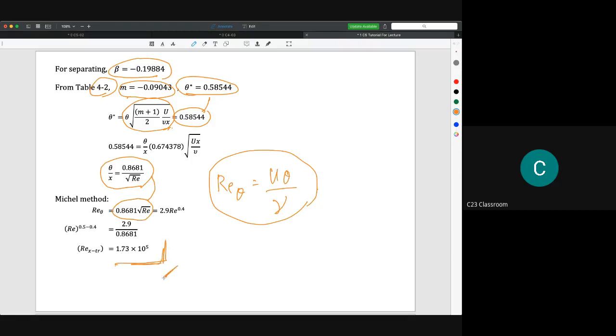So you could see that the flow is a little bit like this, and the situation is maybe the same as the flat plate here. So the transition Reynolds number is quite similar, almost in the same range as the flat plate. If you compare with beta equal to 1, where the flat plate is vertical like this, the numbers are totally different.